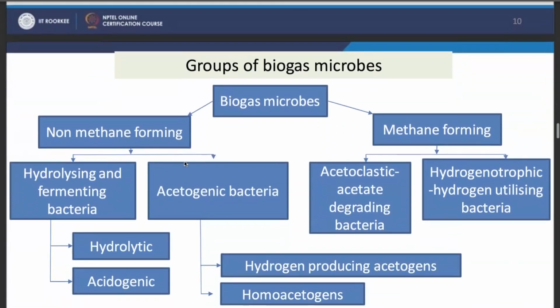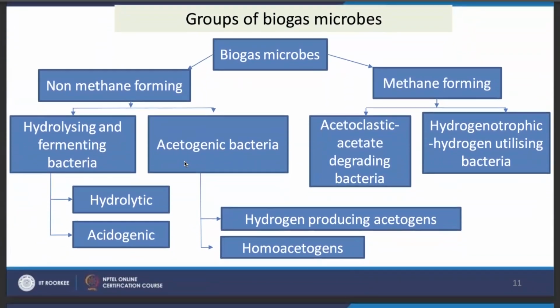Next, we're going to discuss some of the microbes and the groups, because earlier we discussed that we have fermentation, acid producing bacteria, and methane producing bacteria, right? So which groups do they belong to, and what are the microbes present in those groups? The first group is non-methane forming bacteria or microbes. The second group is methane forming bacteria or microbes. In non-methane forming microbes, you have two functions: first, hydrolyzing and fermentative bacteria.